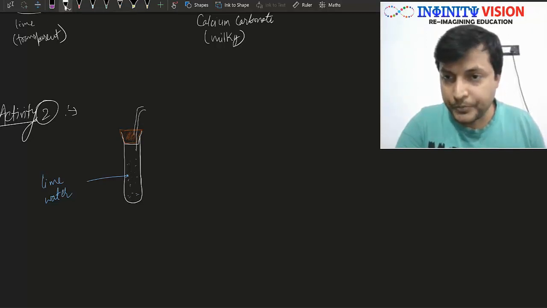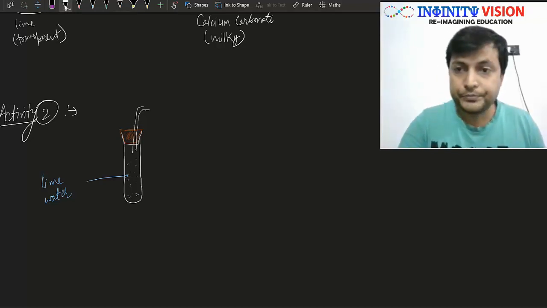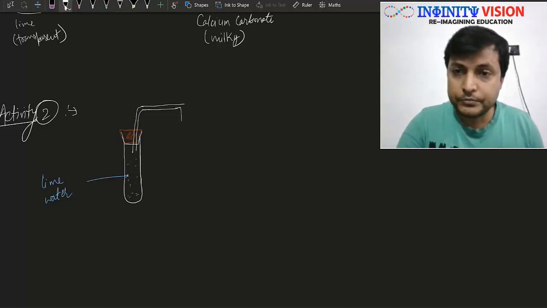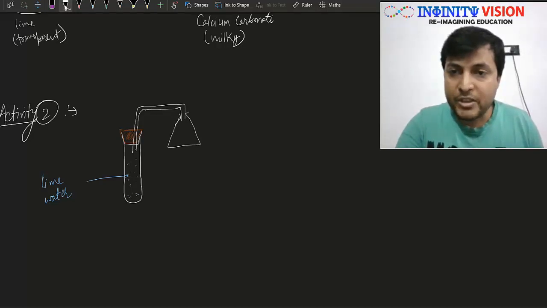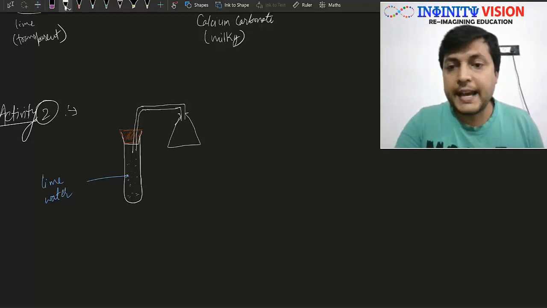We connect this bent tube with another flask. Now in this flask we have sugar solution.